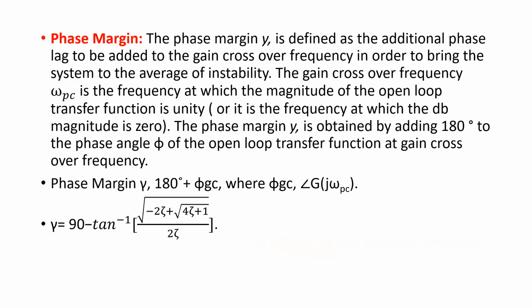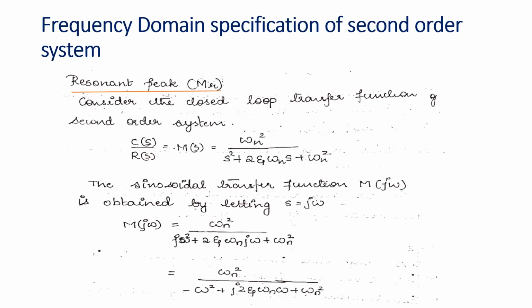And phase margin is defined as the additional phase lag to be added at the gain crossover frequency in order to bring the system to the verge of instability. These two we will see as we do the Bode plot. Phase and gain margin are very important, as they define the system stability.